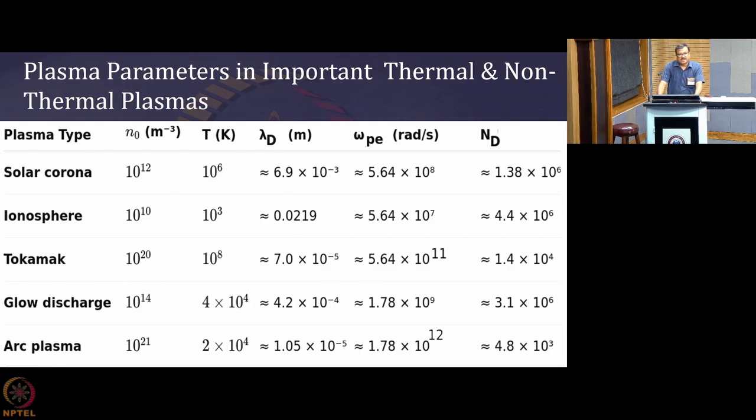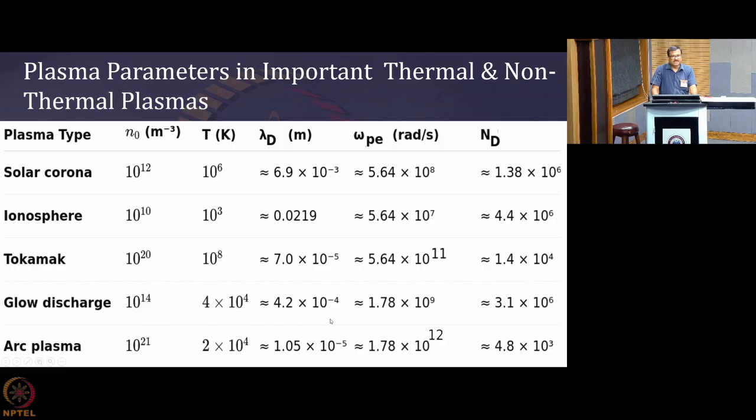So the arc plasma is having 1.05 times 10 to the minus 5. So the least one you are seeing over here in the arc, and the largest one you are seeing at the ionosphere.